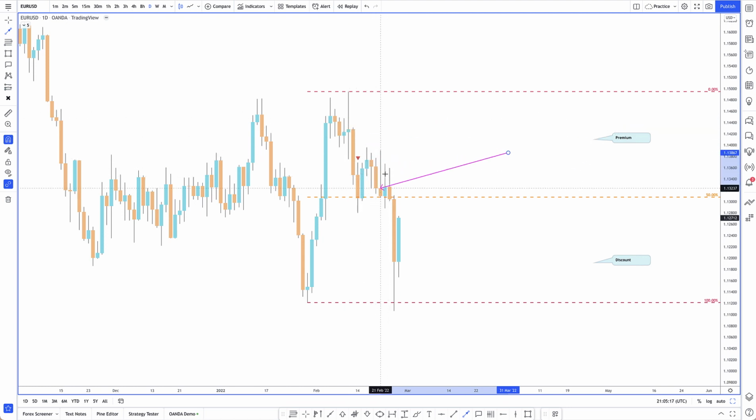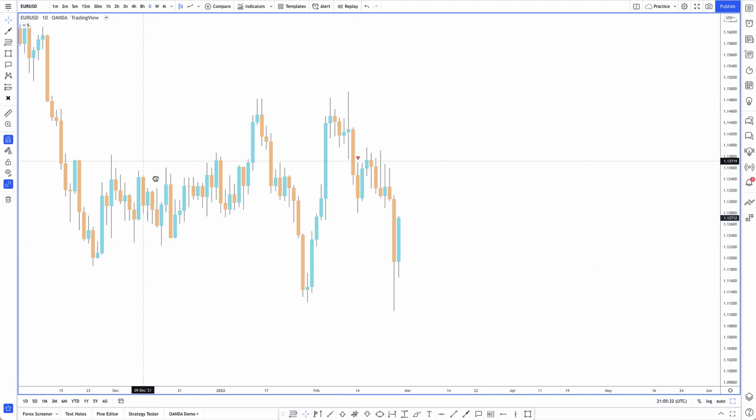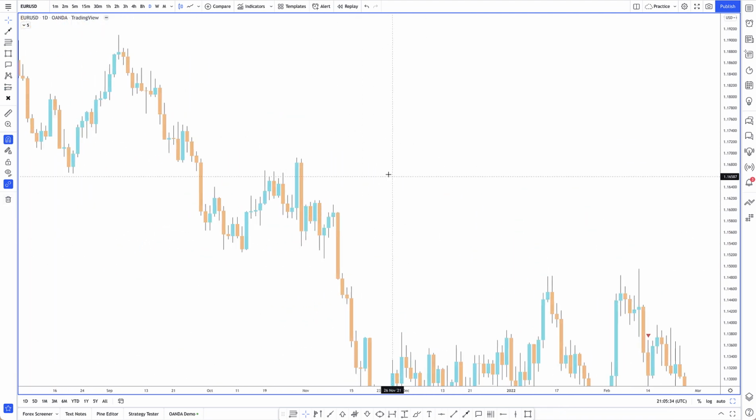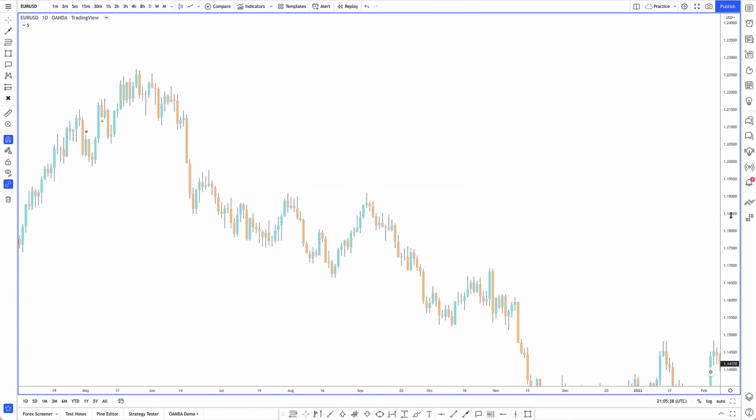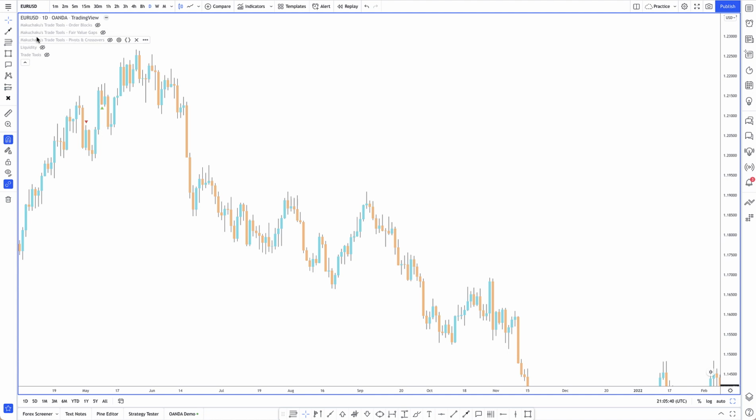For example, somebody could say, oh, this is a bullish order block, but you can see what happened after that, because the order block isn't in discount. So we don't want to buy here and we don't want to sell here. Let me give you an example of this. Let's actually open up our order blocks.